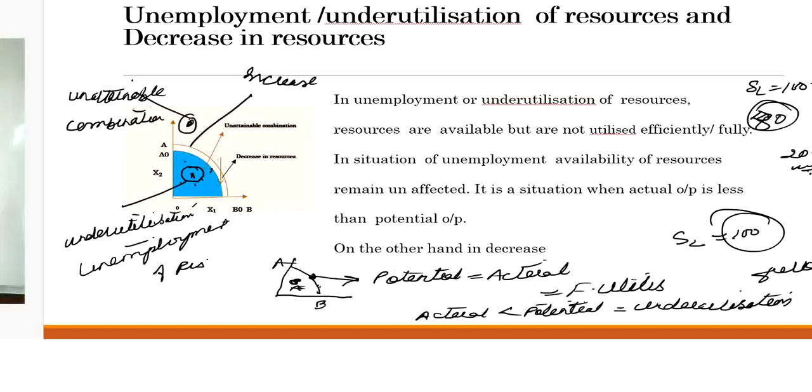So in order to match increasing demand, we have to think about either discovery of new resources or to improve technology. And if we are producing inside PPC, that means our actual production is less than potential. What does potential mean? What we can produce. So again we need to think how we can attain fuller utilization, what kind of methods and technology we have to use to attain fuller utilization or full employment of resources.